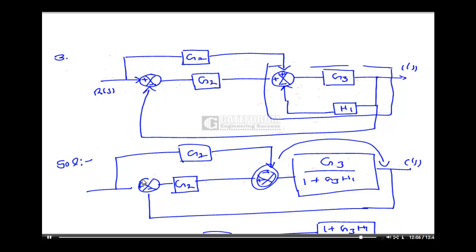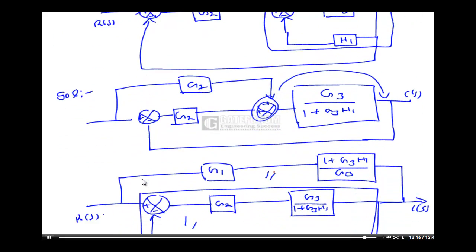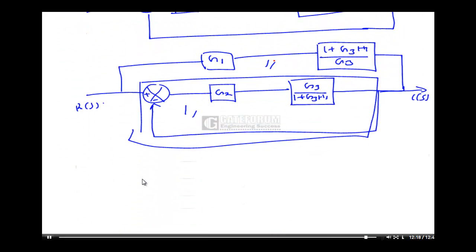Okay. Now it is quite simple. This is just one block, and this block and the top block are in parallel. These two blocks are in parallel. That means parallel blocks are added up. Okay. Solve this to get the answer. Okay. Simple question. But it will be much simpler if we use signal flow graph.